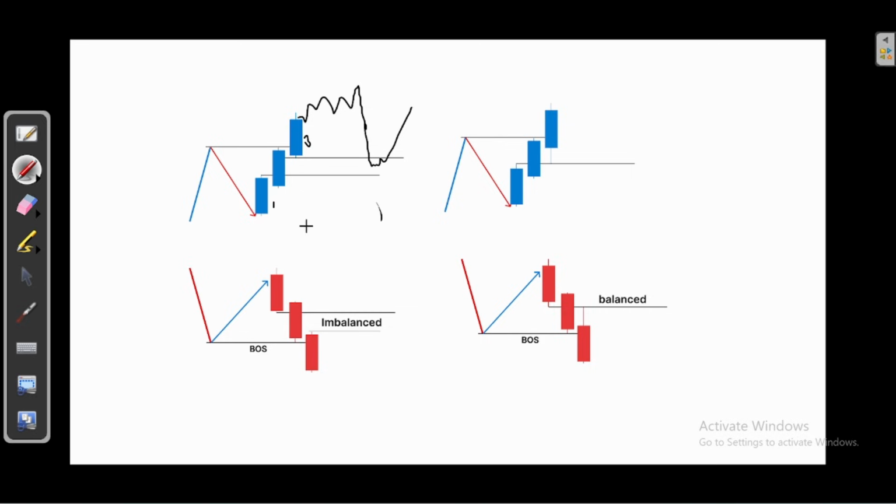The same thing is applicable here. This is candle A, candle B, candle C. This is for bearish. The previous one is bullish imbalance, meaning that it's only buyers that are in control, so they need sellers to come and complete it so that we can call it a market. The same thing is applicable here.